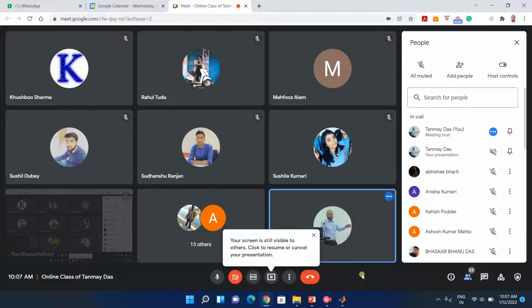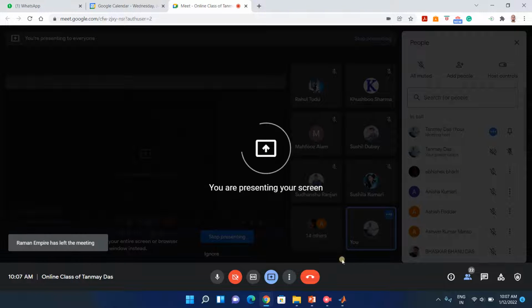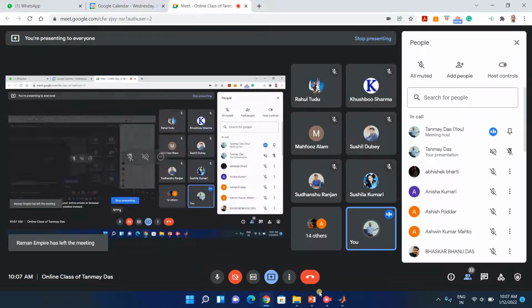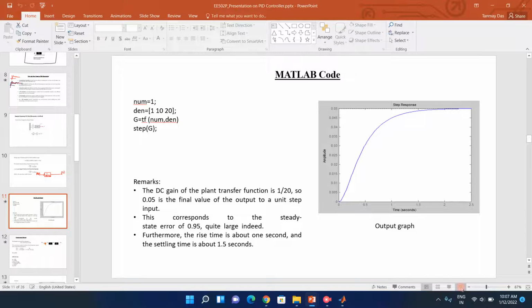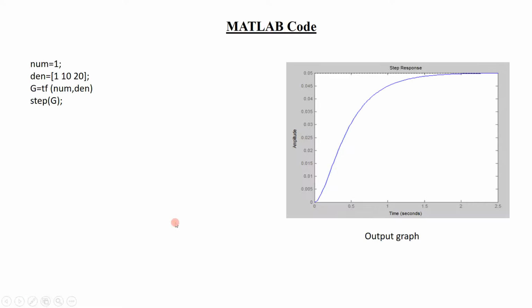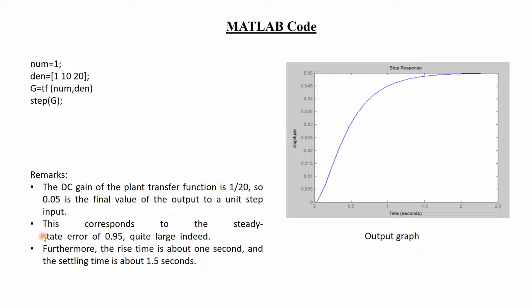As I was discussing, in the last class we have seen that when a unit step input was given to a second order system, the output of that system had 95% error.